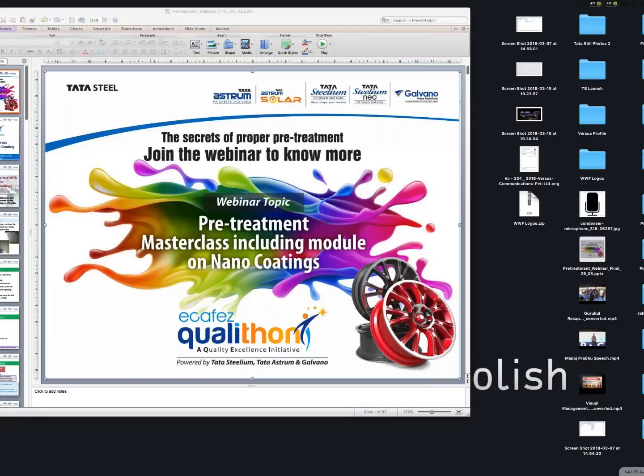Again, the degreasing for GI will not be the regular one which we use for MS, because a higher alkali content will react with the zinc on GI. So usually we use surfactant based degreasing chemicals for GI and hot dip galvanizing materials.